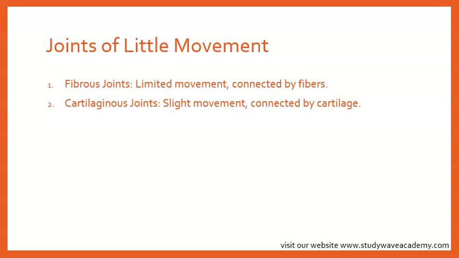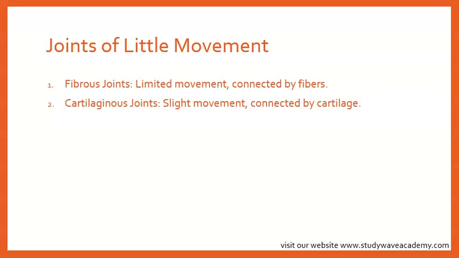Fibrous joints have limited movement, connected by fibers. These joints are connected by strong fibers, allowing limited movement. Examples include the joints between the skull bones.